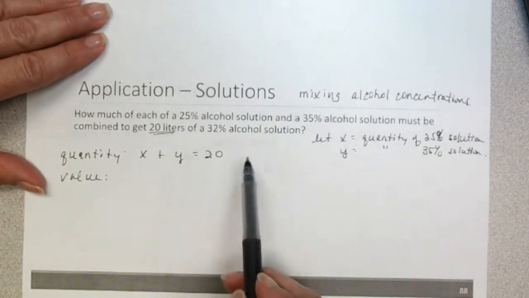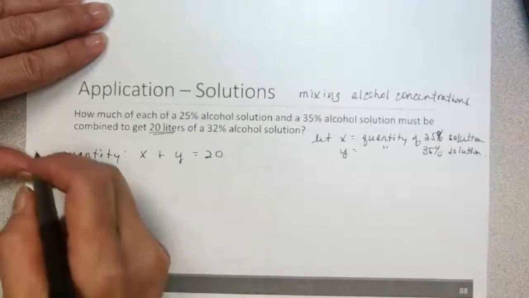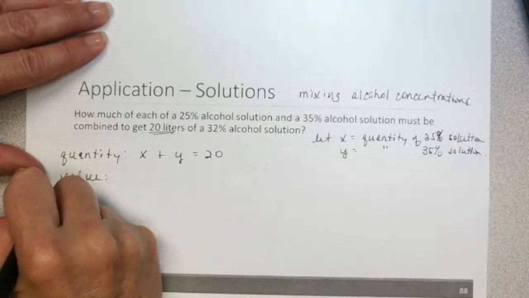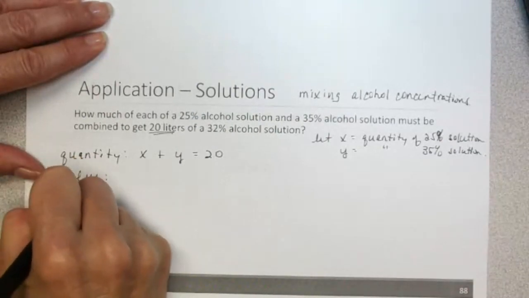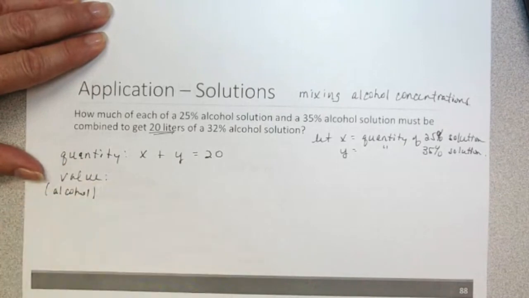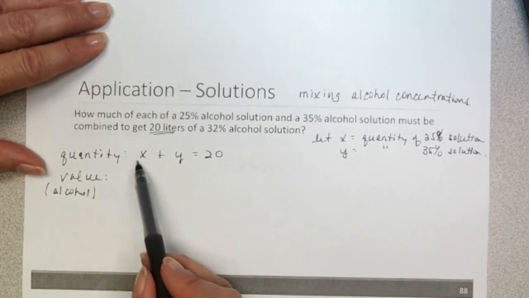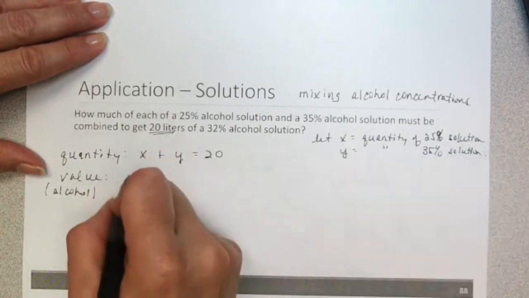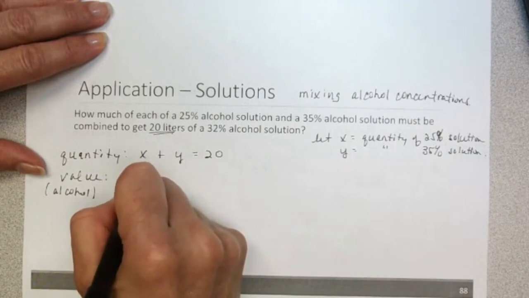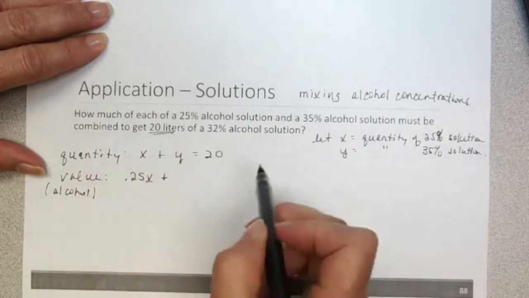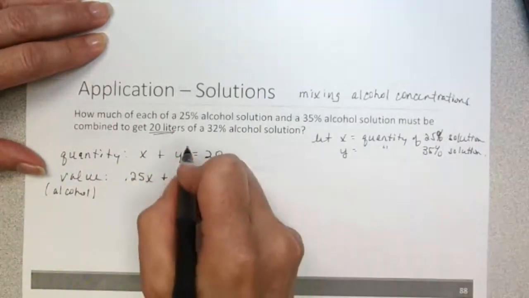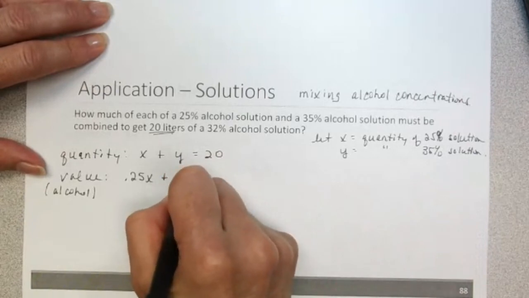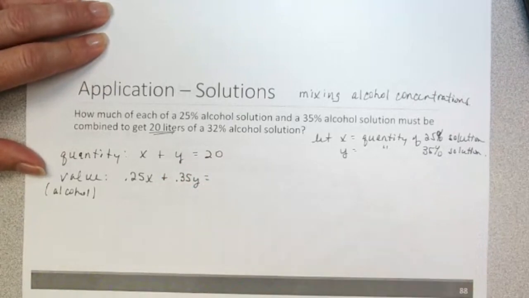For the value equation, let's see. What is value going to be here? Value is going to be the alcohol concentration. The value equation then, well, the x quantity contributes 25%. So 0.25x plus the y quantity, that's 35%, so 0.35y is equal to what?